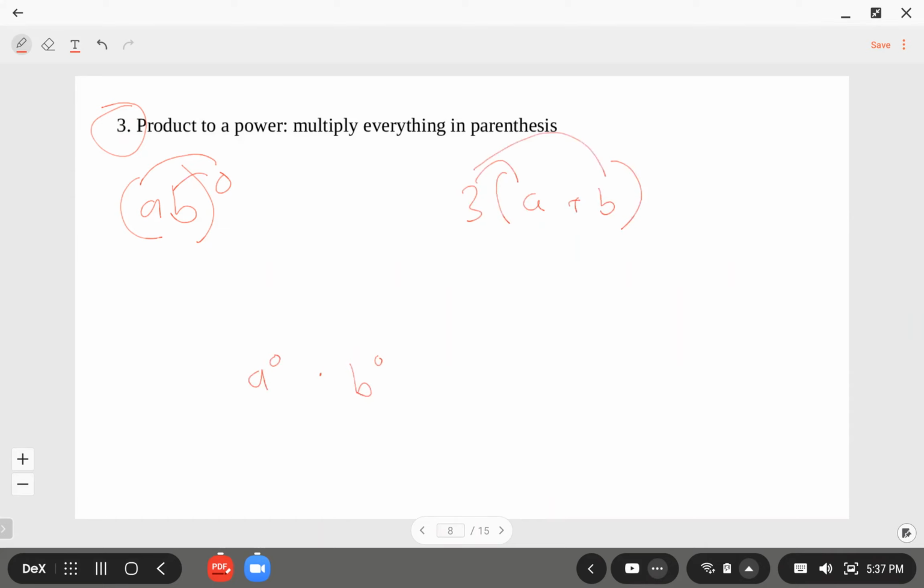You have to distribute it, right? It's the same with powers. So basically, this is to the 0th power, so you really don't need to solve anything. Anything to the 0th power is going to be equal to 1.